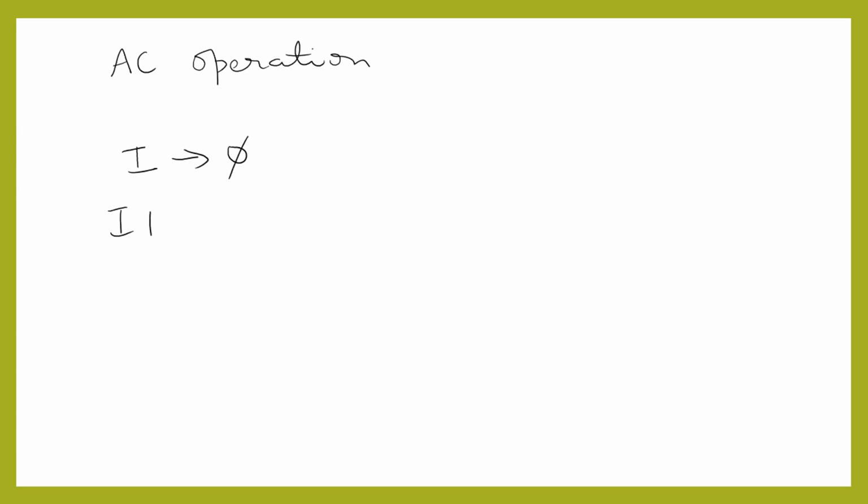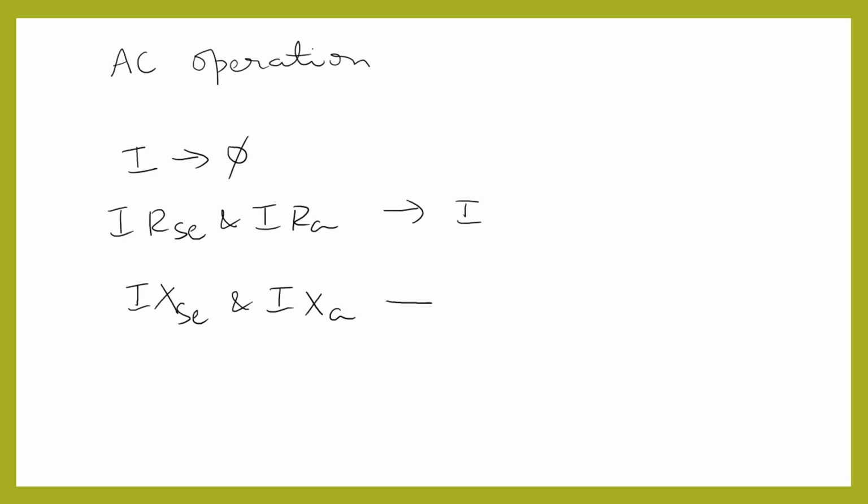So the drops I RSC and I RA are in phase with current, while the drops due to reactance, I XSC and I XA, lead the current by 90 degrees. So this is shown in the phasor diagram.